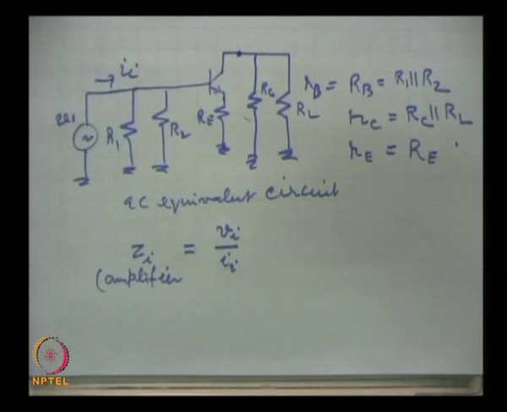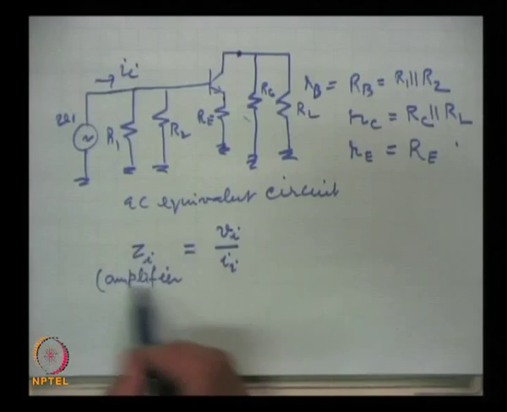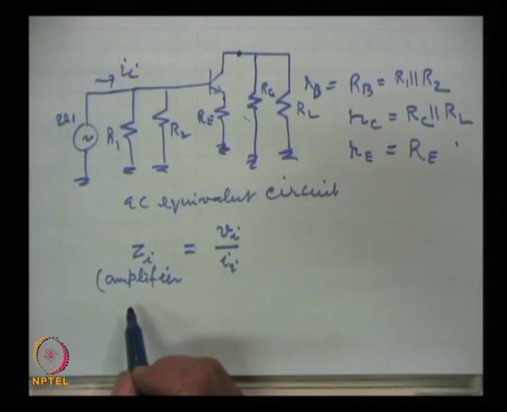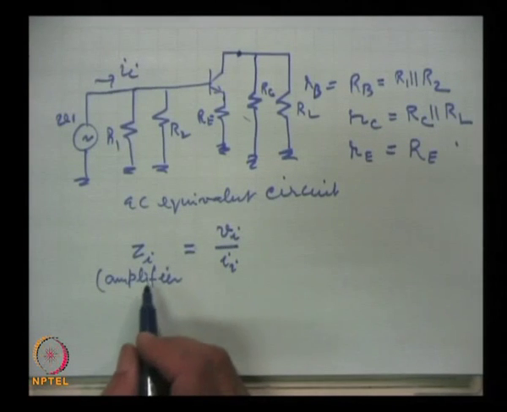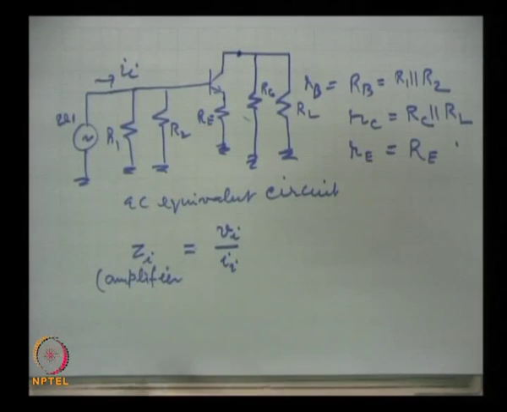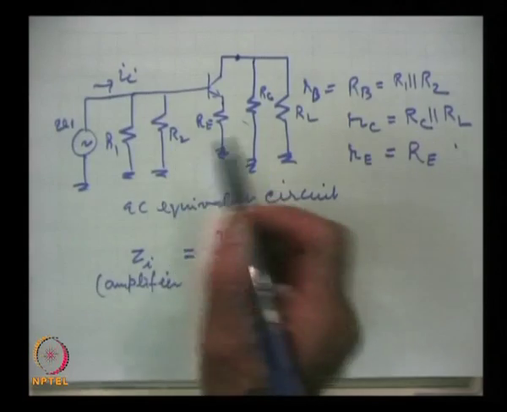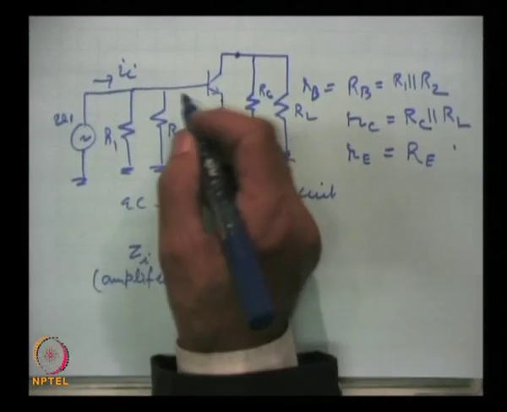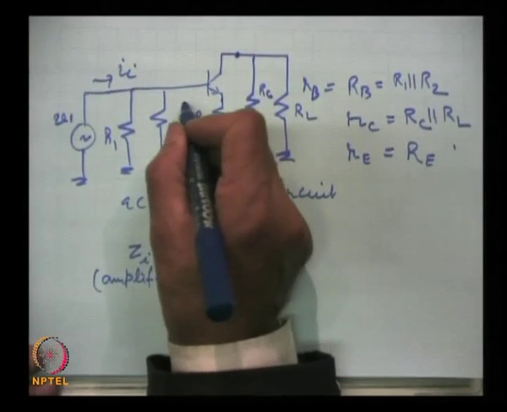Now, this is important, it is convenient to find this expression to break the input impedance of the amplifier into two parts, and these two parts are the RB part and Z in base, that is what we see here between this and ground.